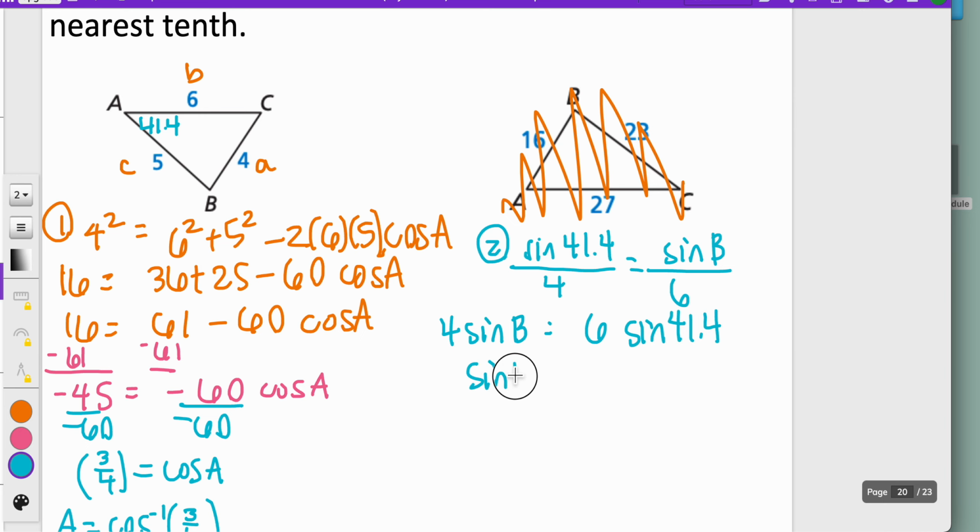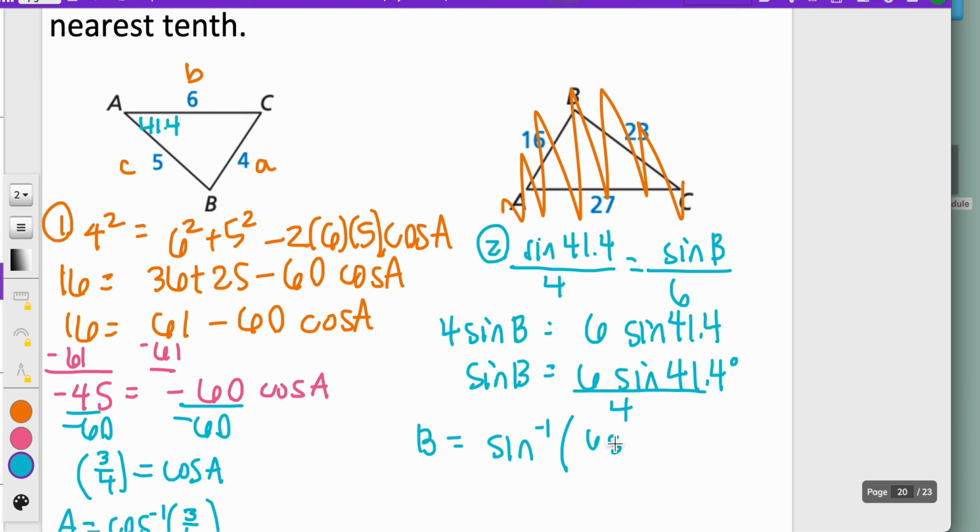Sine of B then is equal to 6 times the sine of 41.4 degrees, all divided by 4. So in order to find B, I'm going to take the inverse of sine of this expression, 6 times the sine of 41.4 over 4.